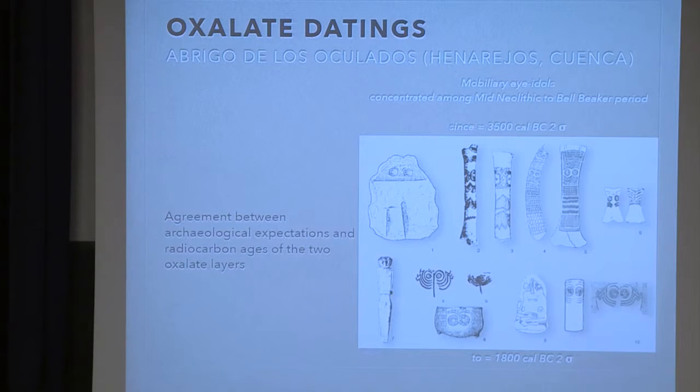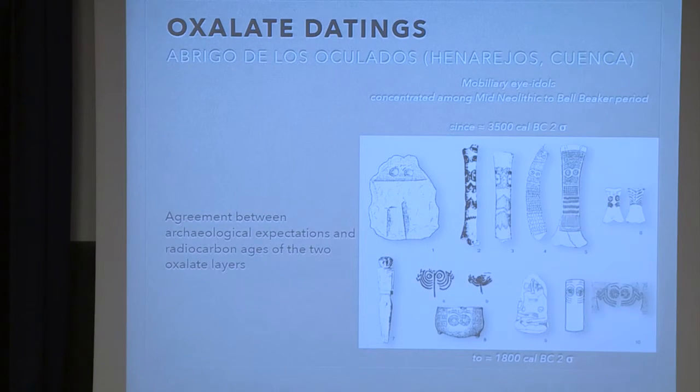And as I told you, we can compare these figures with the range of ages when these kinds of objects were produced in the Iberian Chalcolithic, mainly the Chalcolithic period. And this is the time that has been shown in the datings that we have produced with these shelters.